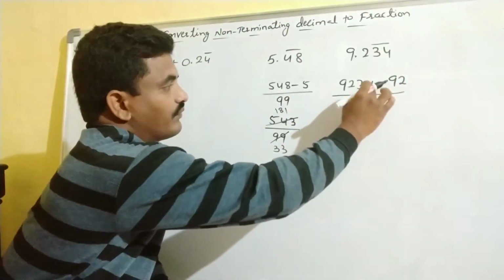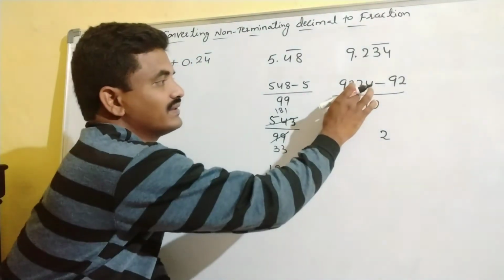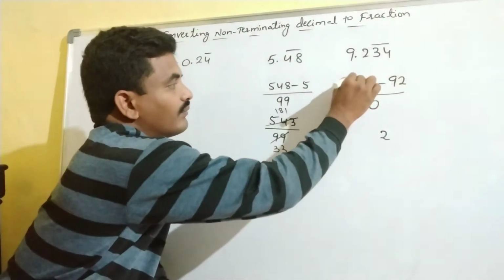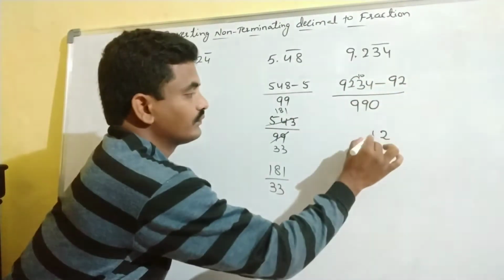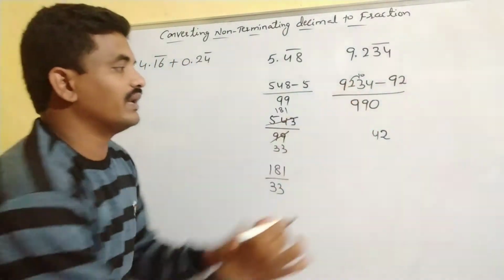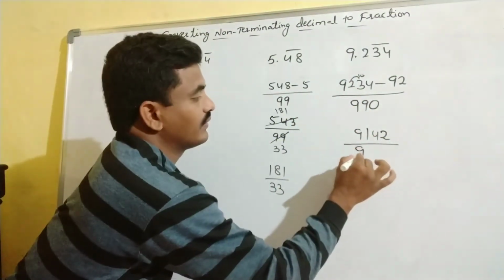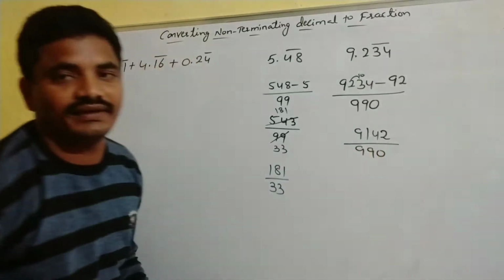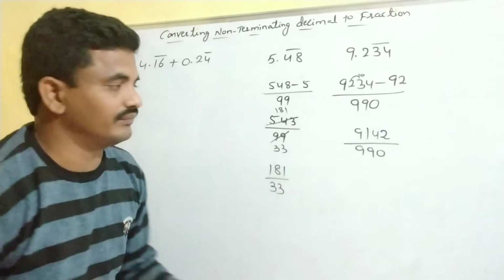Now we subtract: 4 minus 2 is 2, and this is 3. When you take the borrow it becomes 13. 13 minus 9 is 4, and 1 will be left. So the fraction is 9142 by 990, and we have to cancel because we always write in the simplest form.